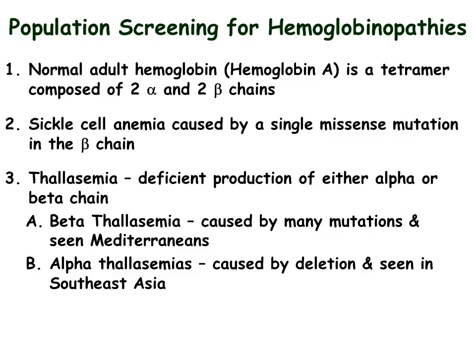So we have beta thalassemia. We see these more in Mediterraneans, and different types of mutations can lead to this. And then alpha thalassemias. For the alpha chain, we actually have 4 genes. That's a duplication, so you get 2 from mom and 2 from dad, so you end up with 4.